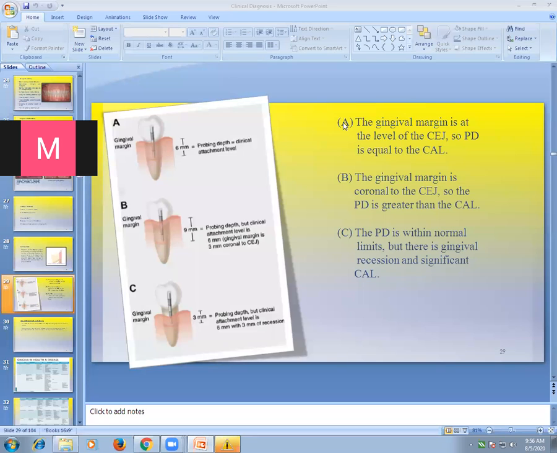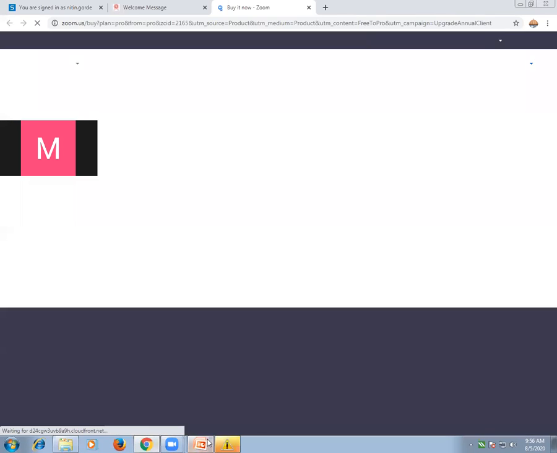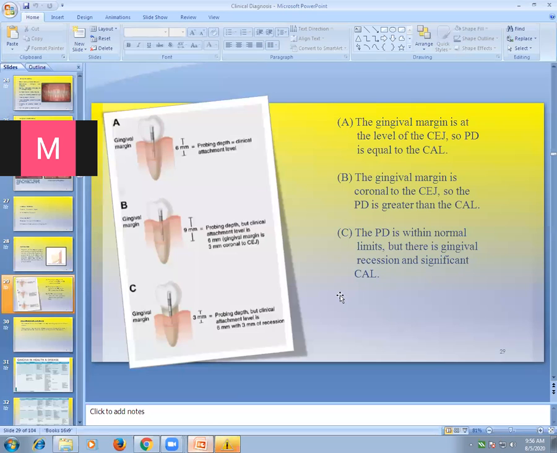Then clinical attachment loss, which we call CAL. Then periodontal pocket depth or probing pocket depth, pathologic tooth migration, trauma from occlusion, then mobility and furcation. These are the factors which are going to tell you about the periodontal condition of that particular region.